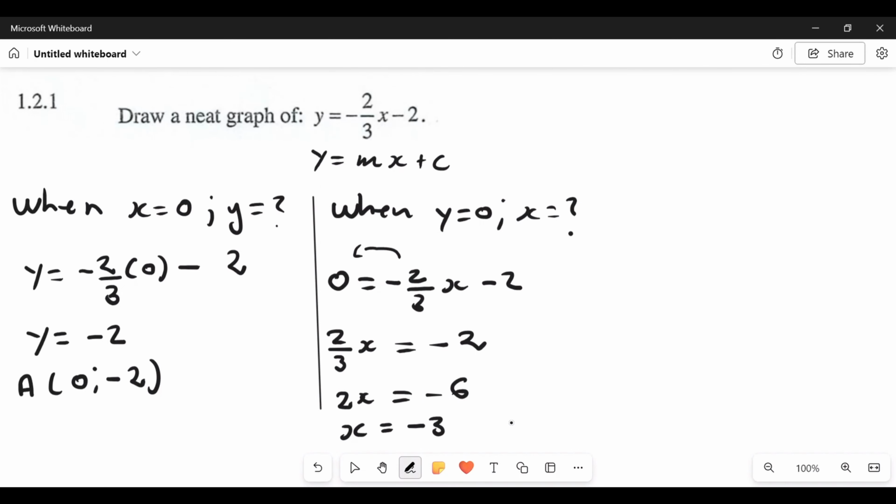So we can say point B is when x is negative 3, then y is 0. Basically, these are the 2 points that we needed in order to draw the straight line graph. So let's draw the Cartesian plane and start plotting the graph.